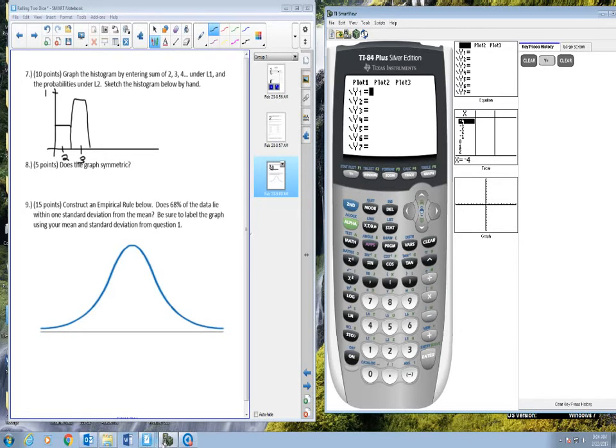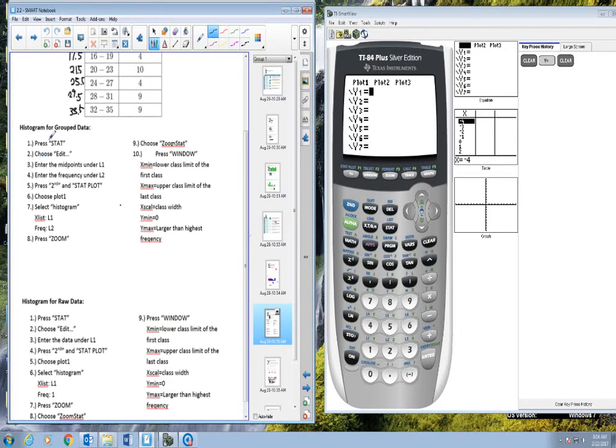On the calculator, if we go back to section 2.2, histogram for grouped data, make sure you understand how to do the x minimum. The lower class limit of the first class has to be 2, because that's my smallest sum. The upper class limit of the last class has to be 12.